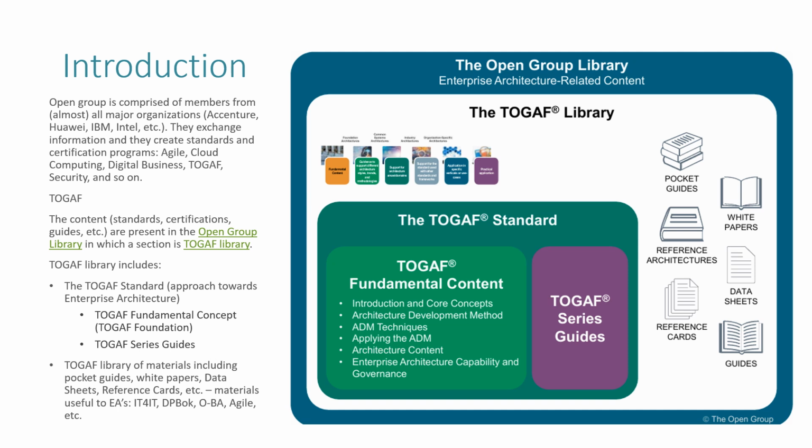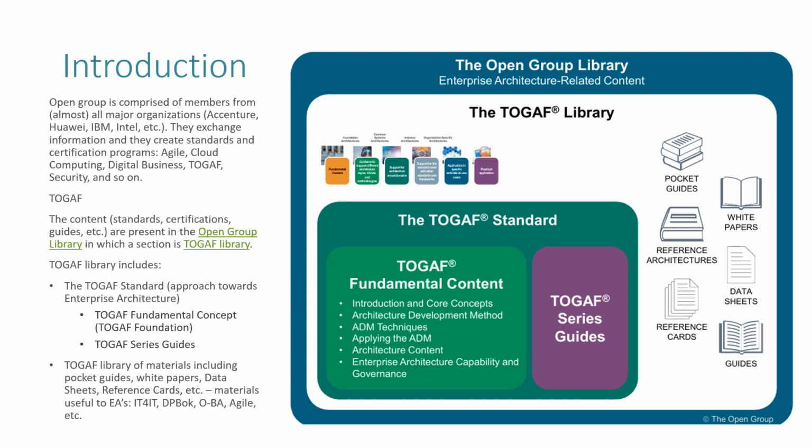You can go to the Open Group website and read about TOGAF. There is a TOGAF library, which is a collection of all the ideas plus a lot of additional useful materials such as guidelines, templates, patterns, and reference materials. The TOGAF library is a section of the Open Group library, which contains many materials useful for enterprise architects.